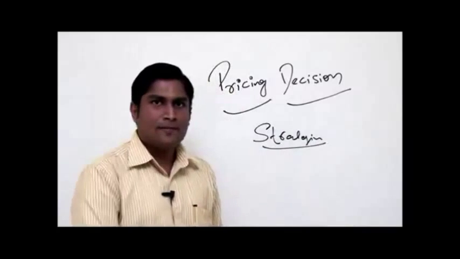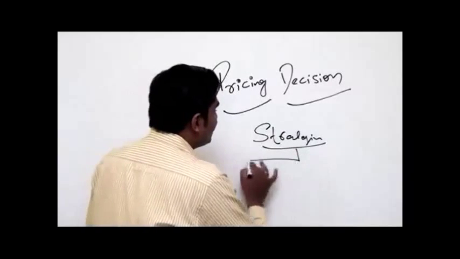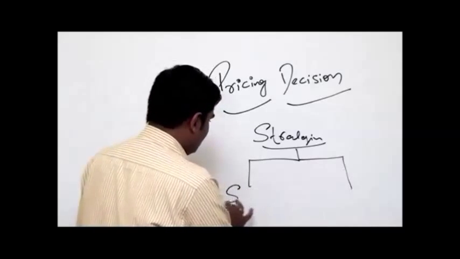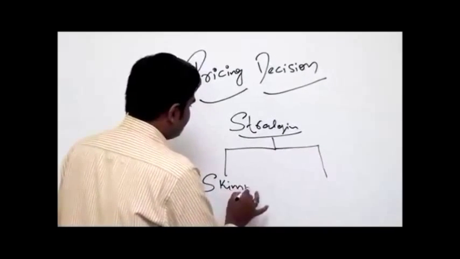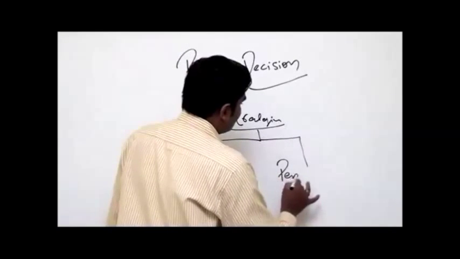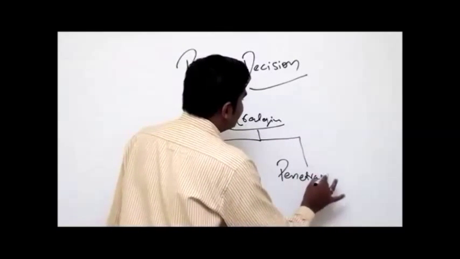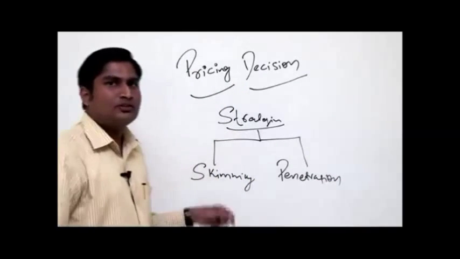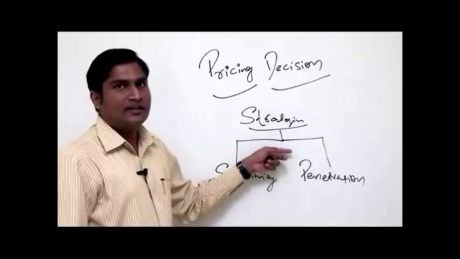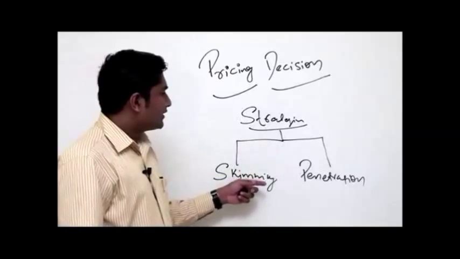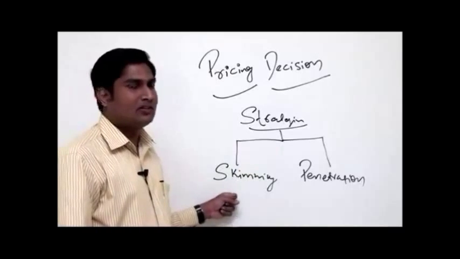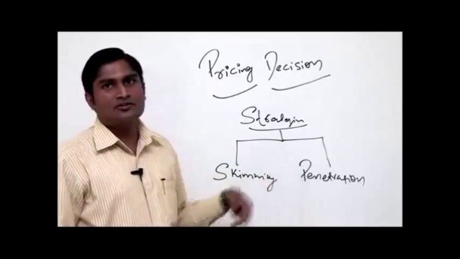Strategies of pricing can be broadly classified into two: price skimming and penetration pricing. These are the two strategies used while entering into the market. While entering the market, a company can adopt either a skimming pricing policy or a penetration policy.